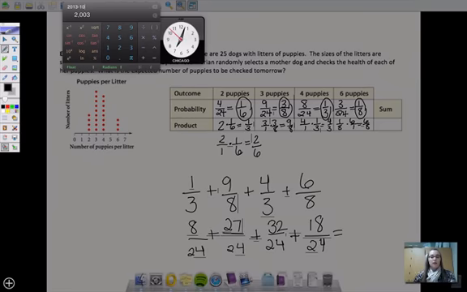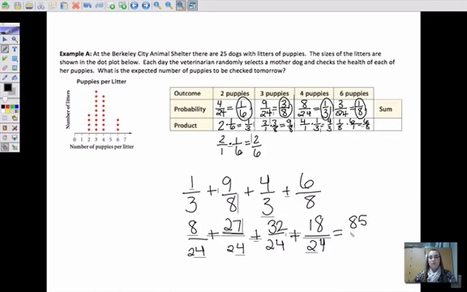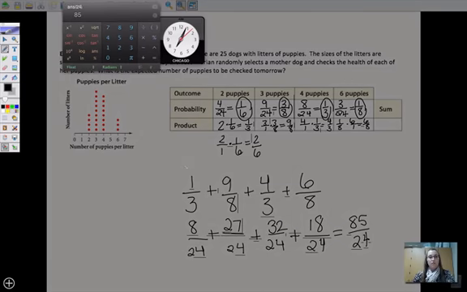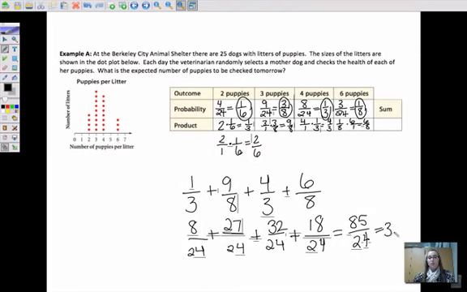So adding that all together, 8 plus 27 plus 32 plus 18, I get 85/24, and then I want to divide that, which gives 3.54. So approximately 3 to 4 puppies. That's our expected value. Okay?